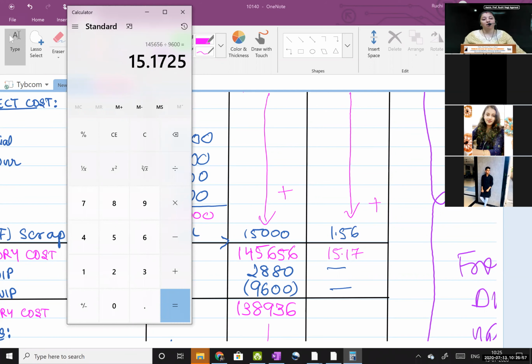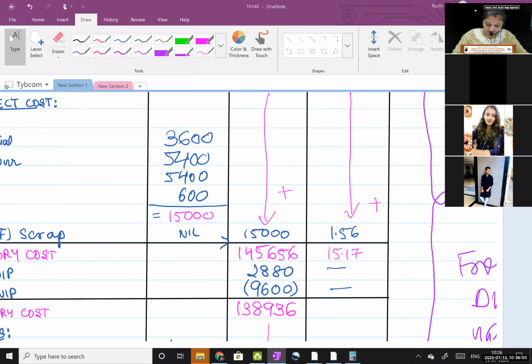See, you get the same answer, 15.17. Is it clear till here? Are you guys understanding the calculations of the cost per unit column? Because this is very important. Acknowledge it in the chat box.